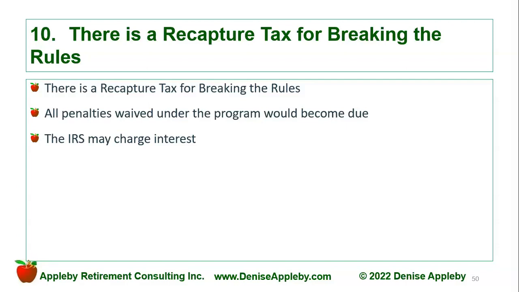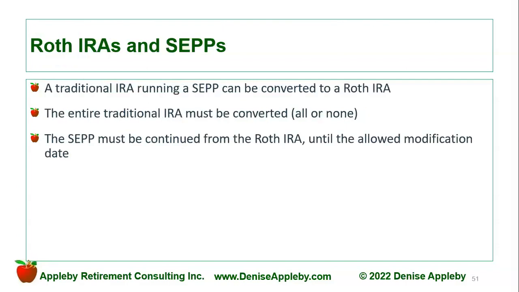So they're going to have to pay all that penalty that was waived plus interest on that amount. So you can see it's pretty risky to break any of the rules, which is why when you have clients who are considering starting a 72T program, you want to make sure that they're clear about the rules that should be followed and the consequences of breaking those rules.